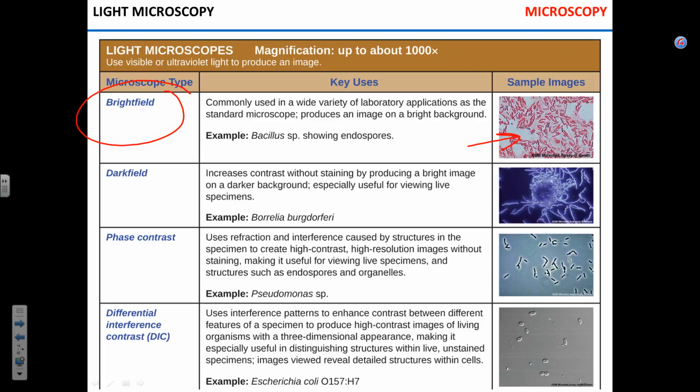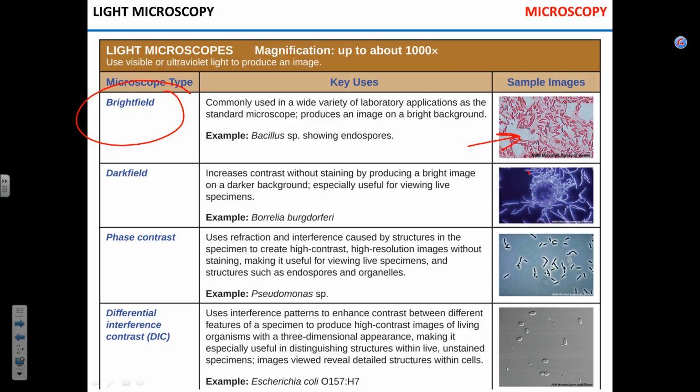Dark field. There's some light magic, physics magic, with the light actually coming from the sides of the diaphragm, so the light is directed somehow.